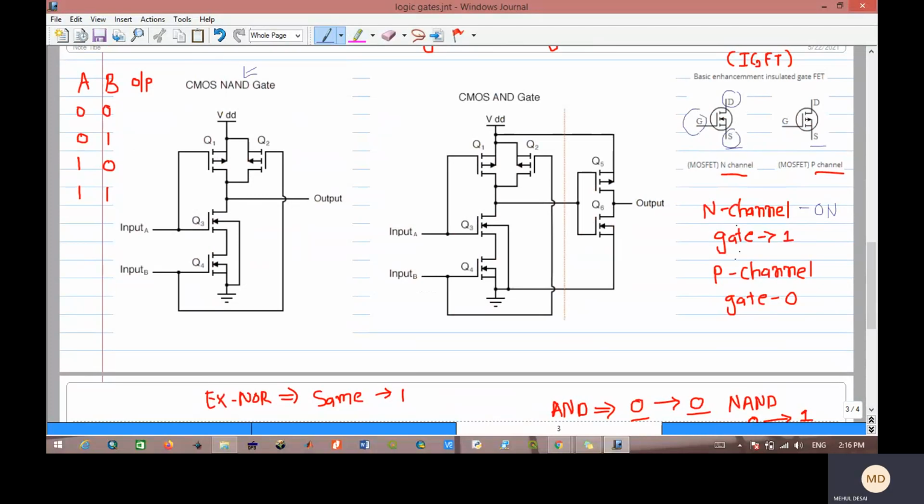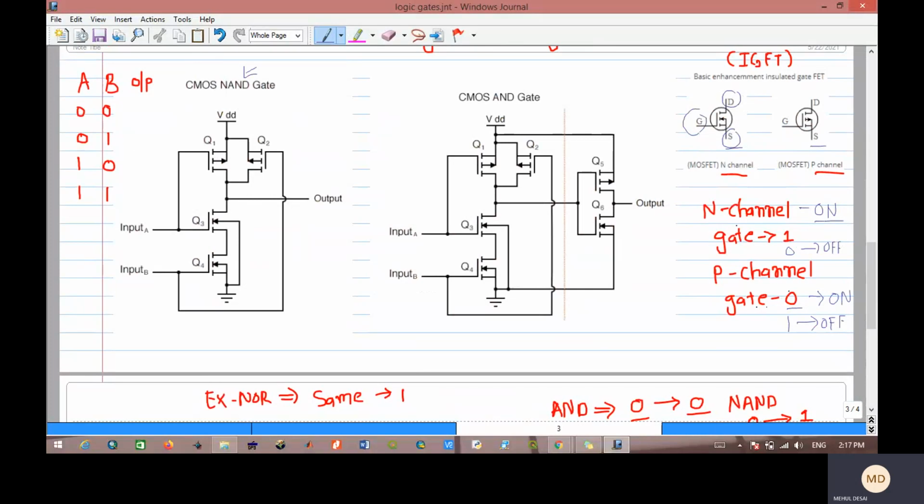When we apply logic 1 at the gate, the N channel MOSFET is on. If we apply 0, it is off. The P channel MOSFET responds in the complement way: when we apply 0 at the gate terminal, PMOS is on, and when we apply 1, it is off.